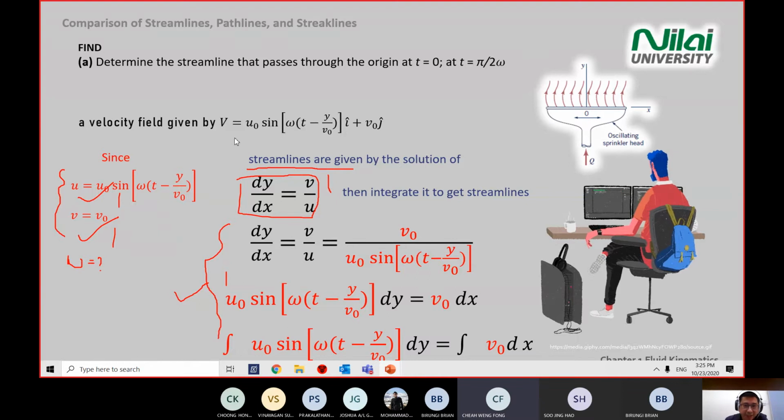Oh, you mean this equation, is it? This equation, there's only I and J, right? What if there's another K? Then what to do with the dividend? Okay. Now, if there's a three-dimensional, I will mention in the question. Treat the question as a two-dimensional question. Focus only on the I and J component only.